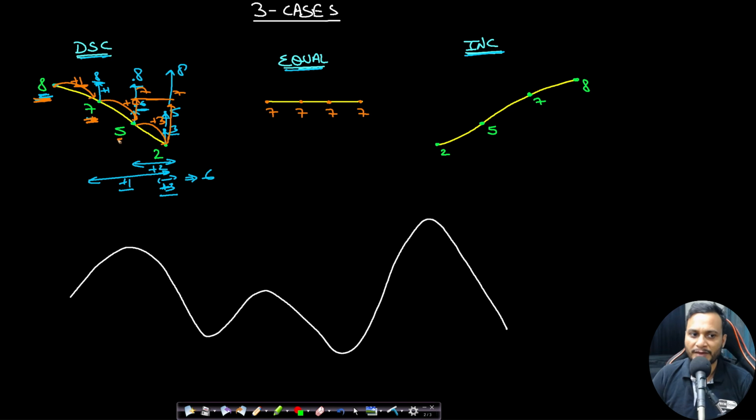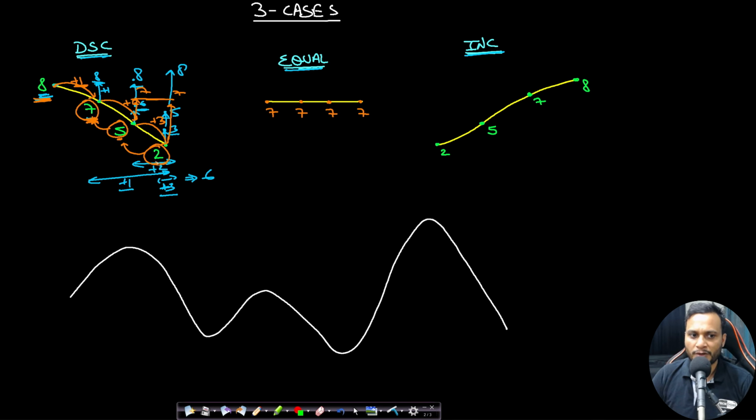Therefore from 5, what should be the goal? From 5, my goal should be to reach 7. From 2, what should be my goal? From 2, I should reach 5, so that 5 will take care of increasing me from 5 to 8, right? So everyone has a goal of reaching their next neighbor alone.